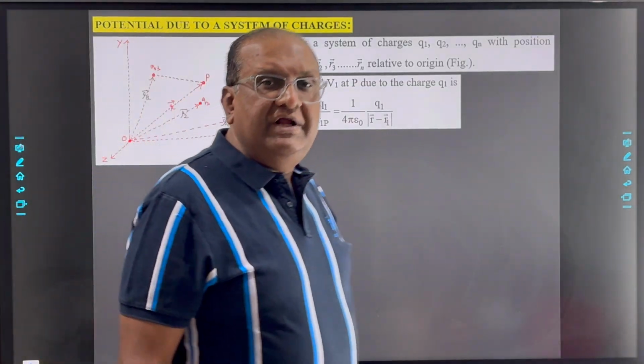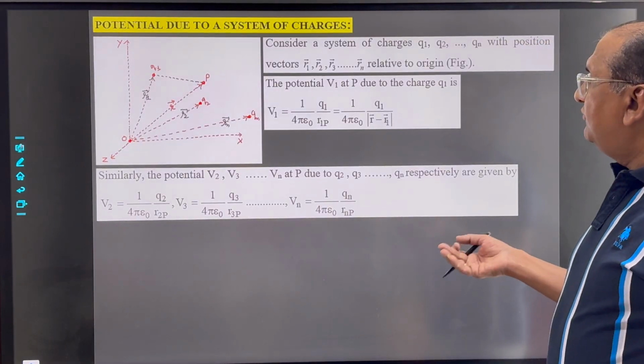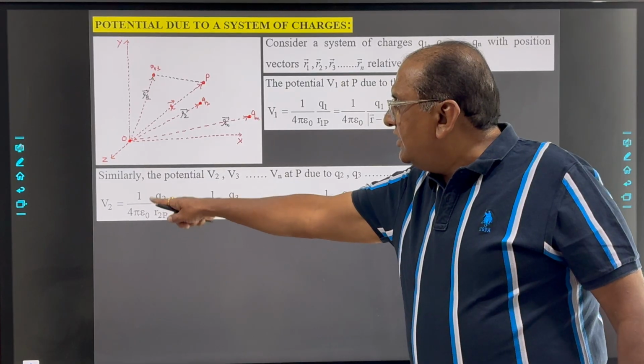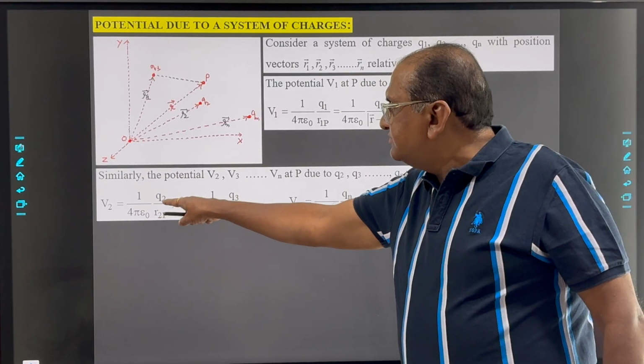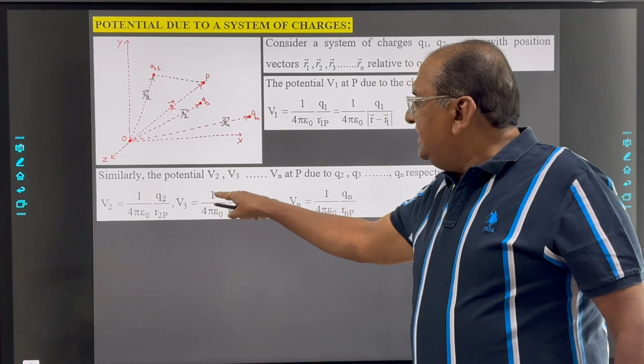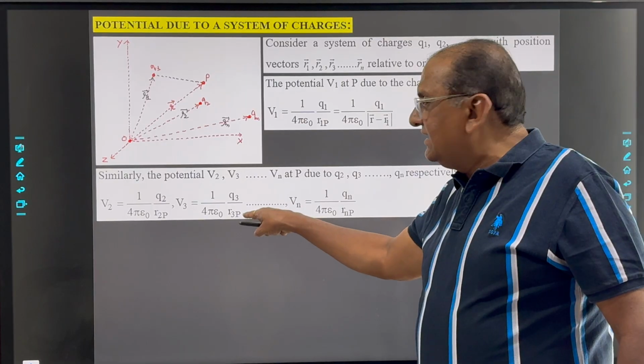Similarly, potential due to Q2, Q3, Q4, that we can write as V2 equal to 1 upon 4 pi epsilon 0 Q2 upon R2P, V3 equal to 1 upon 4 pi epsilon 0 Q3 upon R3P.